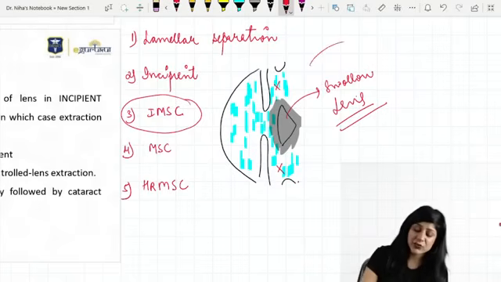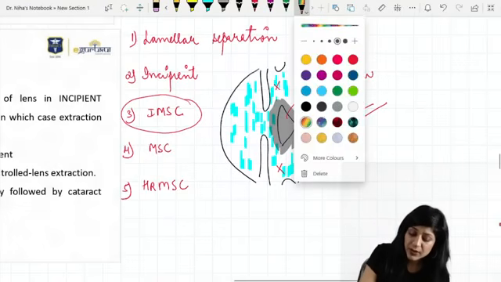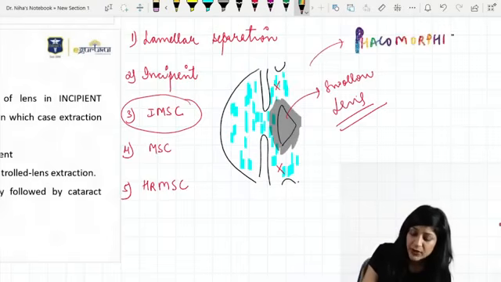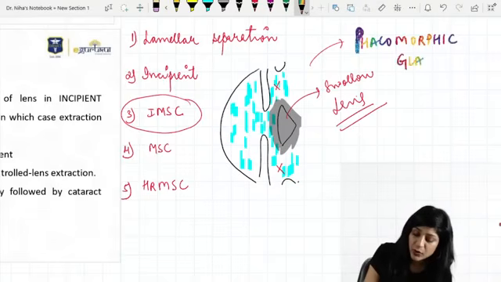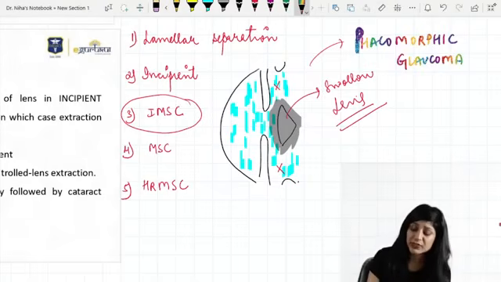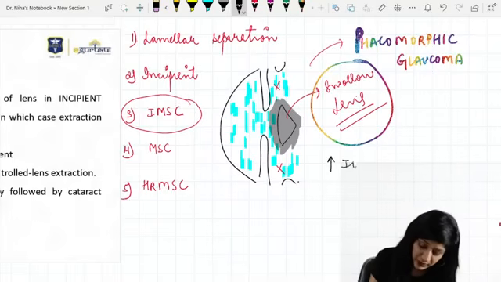So this stage will lead to a glaucoma. And what is the name of this glaucoma? This glaucoma is called the phacomorphic glaucoma. Here you can have the swollen lens and you can also have the raised intraocular pressure.